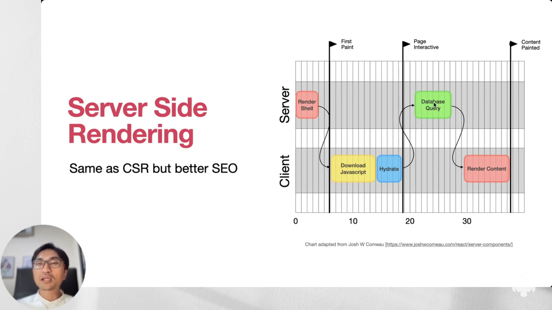What if we can move this database query to the initial request processing? So when we render the shell, we can also query the database on the server and get fully formed content to the client in the first place.